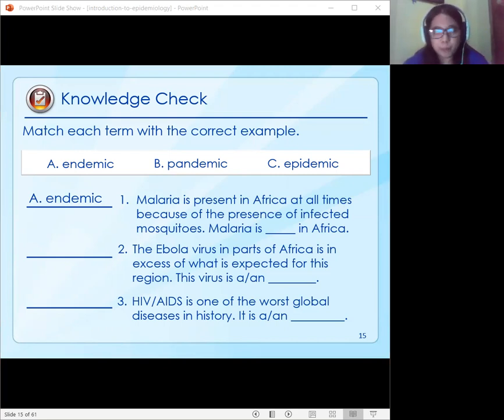How about Ebola? For the second one, the Ebola virus in parts of Africa is in excess of what is expected for this region. Do you think this is a pandemic or epidemic? Kindly guess the answer first.